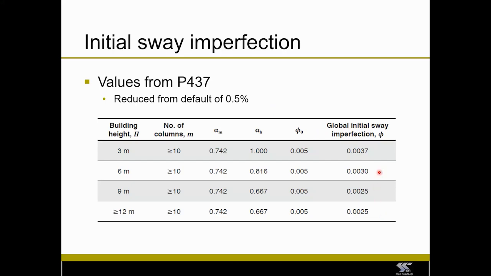And you can see that as we have a higher structure, so 3, 6, 9, 12, obviously representing 1 to 4 stories in sort of rough terms, and the number of columns. So any light steel structure is going to have sort of greater than 10 verticals. So if we had a 4-story structure or a structure greater than 12 meters in height, we're effectively halving the factor that we can use to calculate our equivalent horizontal forces.